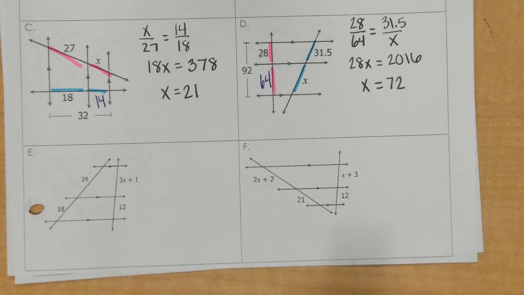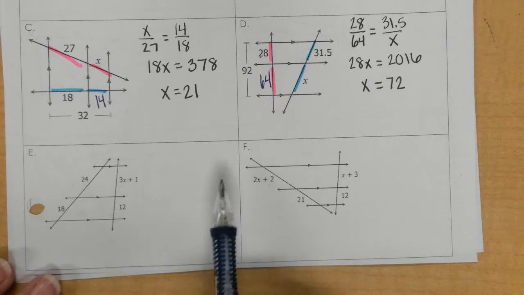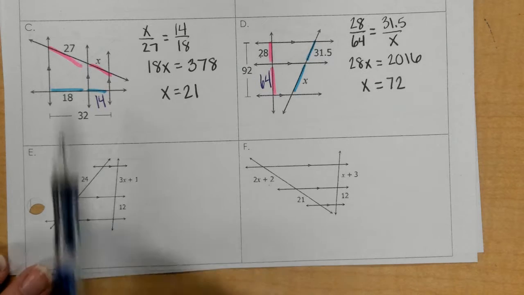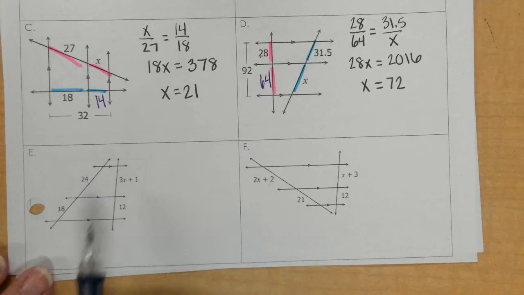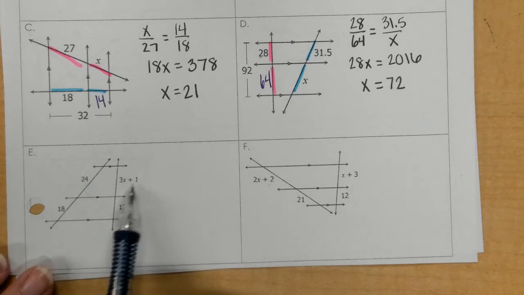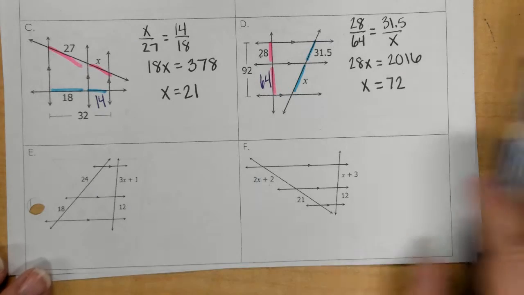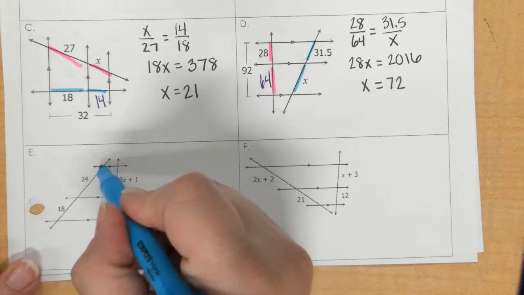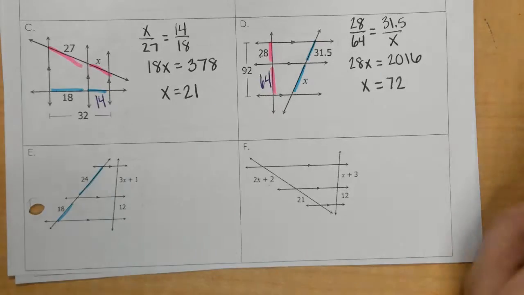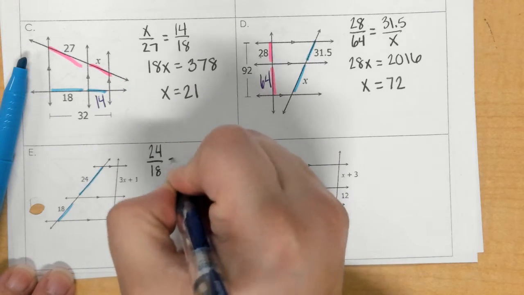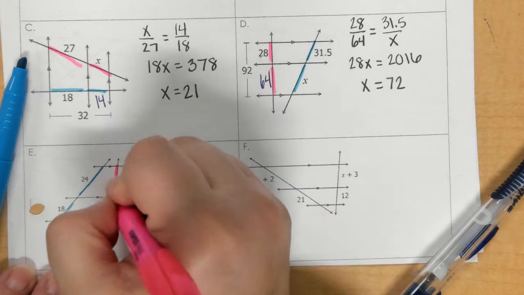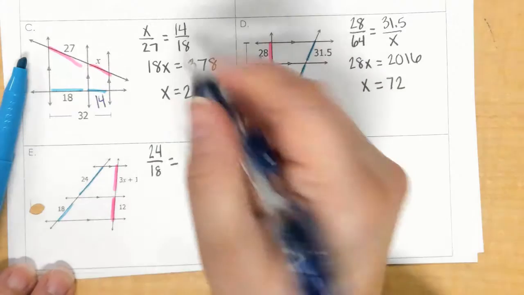So in letter E, this also is very similar to the very first example. Kind of some basic equations, cross products, and then we throw in a little bit more algebra with the expressions. Okay, so 24 over 18 equals 3x plus 1 over 12.